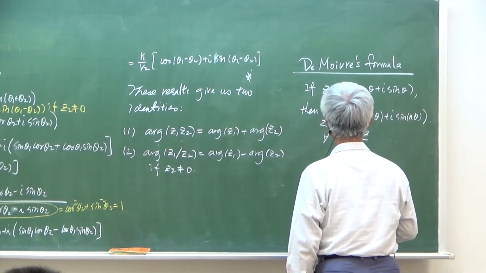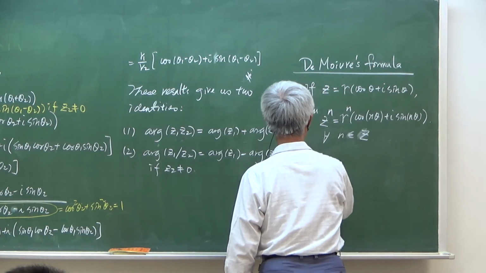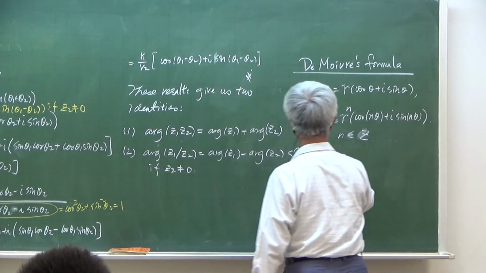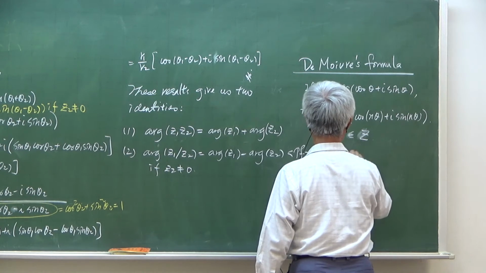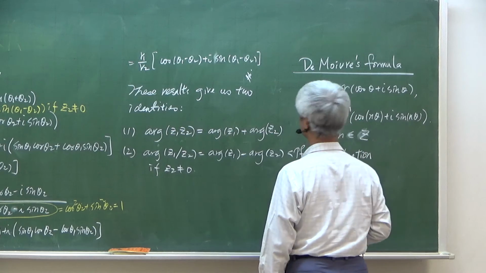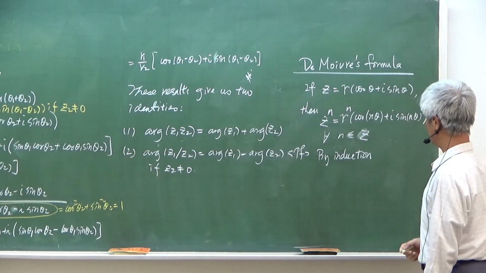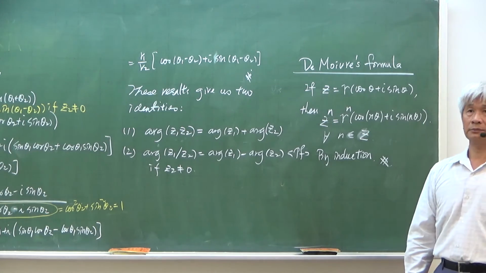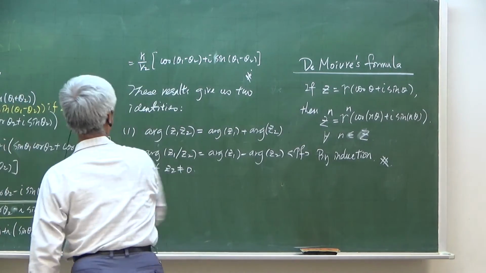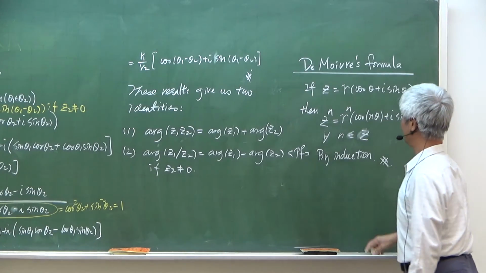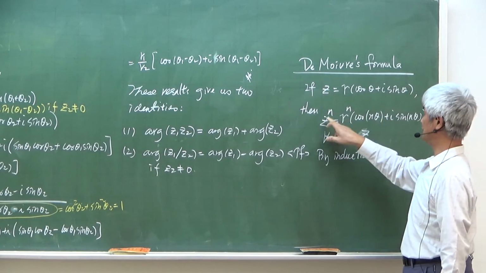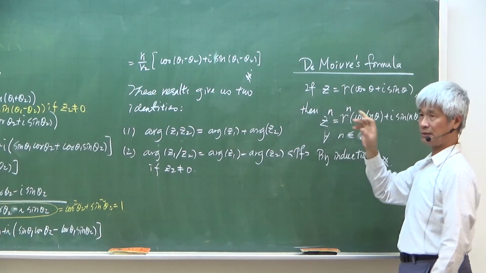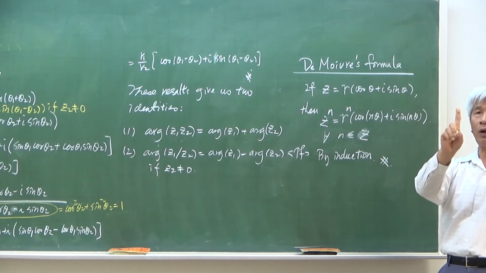And for the proof, you can apply induction. For n equal to 1, fine. For n equal to 0, z to the zeroth power is always defined to be 1.